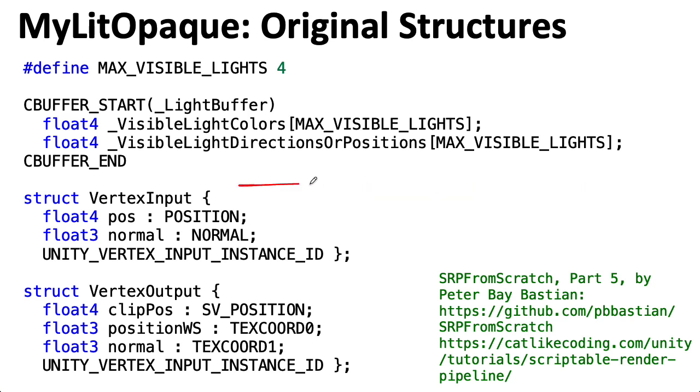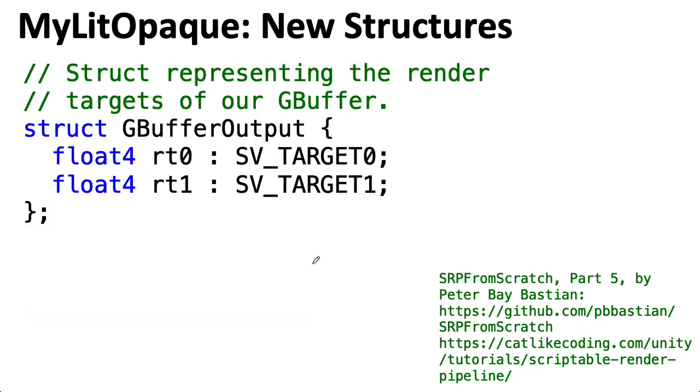We have the data structure associated with going from the application side into the vertex shader, and then we have another structure associated with going from the vertex shader into the fragment shader, where this kind of information here is getting interpolated. But we are going to need a new kind of structure.